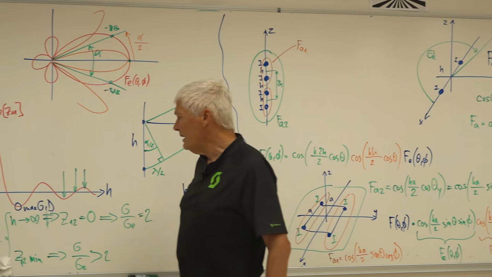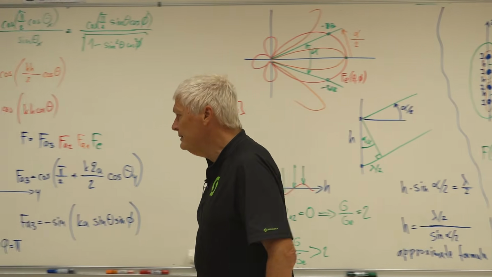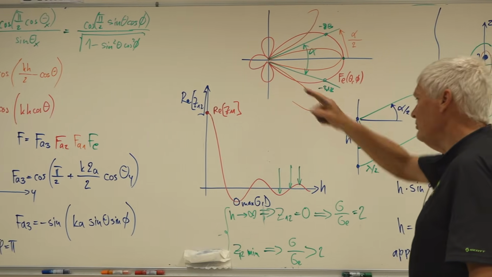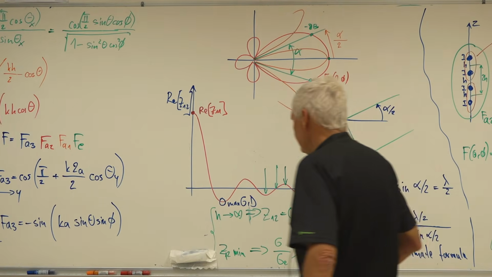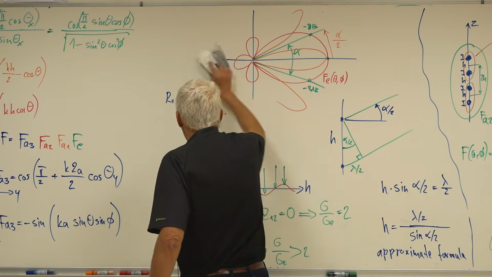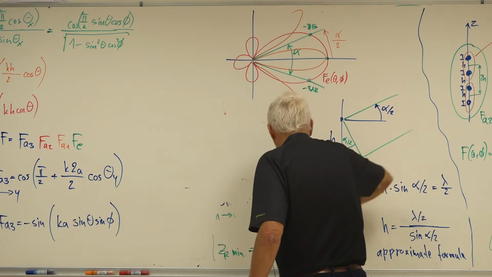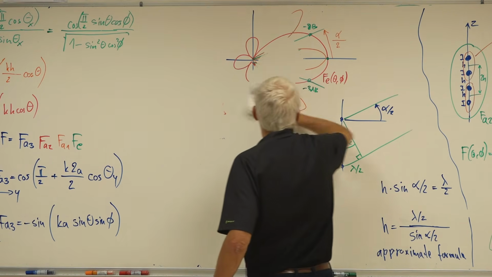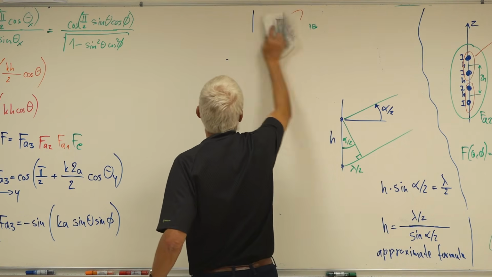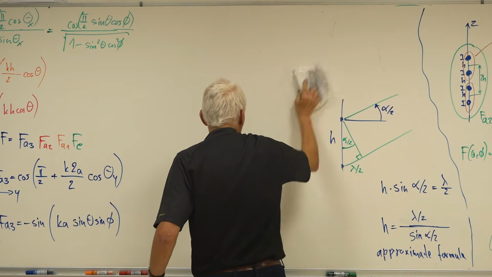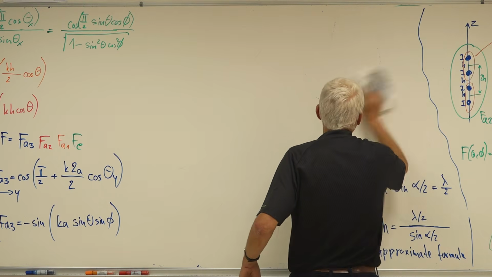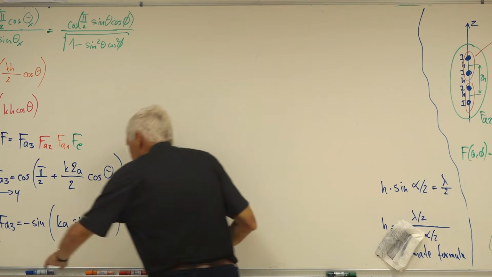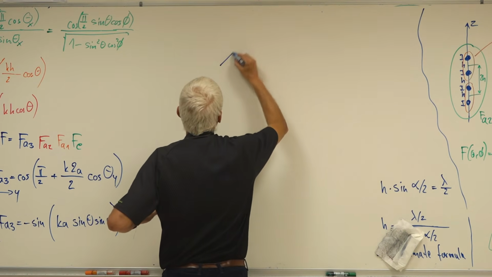Now the only thing we are left with for this hour is how do we feed these arrays? How do we feed those dipoles? And there are different possibilities even here for how to feed an antenna array. So we may have 3 antennas.